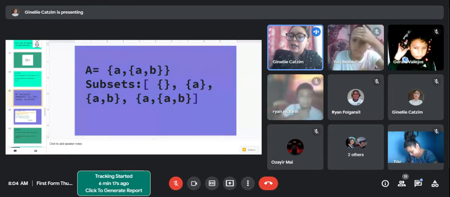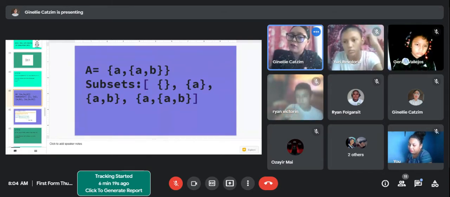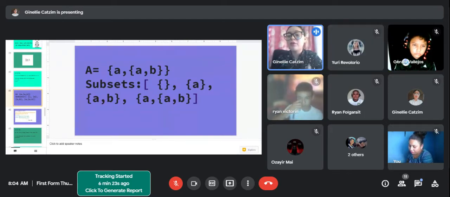The null set and the set itself are always subsets of the set, right? So if I have only a set with A, then the subsets will be the null set and just A, right? Because as I mentioned, the null set and the set itself are always subsets.